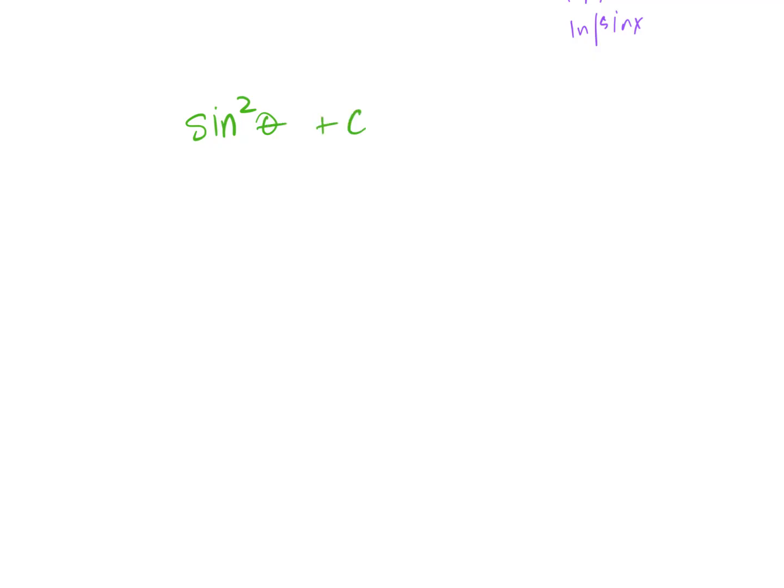What do I know about sine squared theta plus cosine squared theta equals 1? Rearrange that however you want. If I divide everything by sine squared, I get 1 plus what's cosine squared over sine squared, which would be cotangent squared theta.